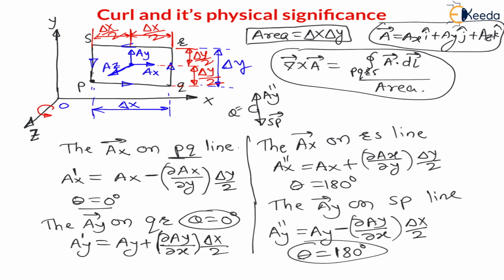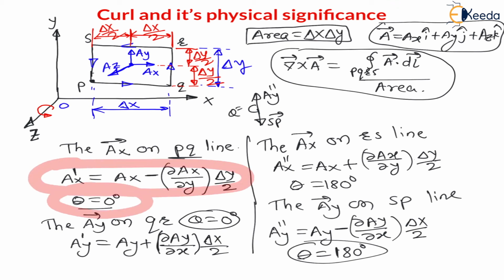So, my dear students, here we have calculated vector field on PQ, QR, RS as well as SP. And my dear students, what is the distance along PQ? Del x. Along QR, it is del y, right? So let us find this line integral first. So my dear students, note down these values quickly.